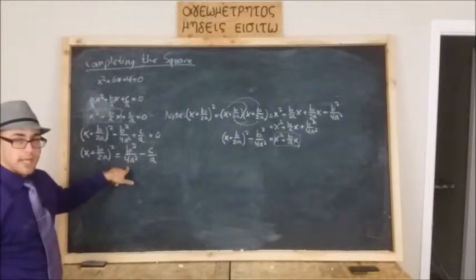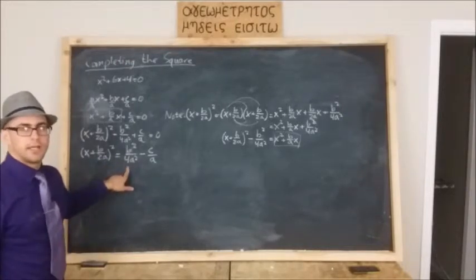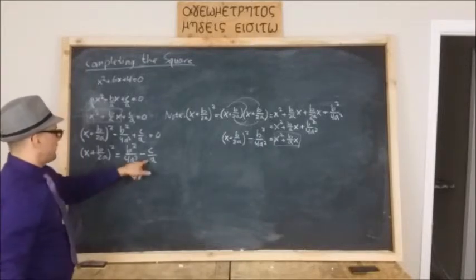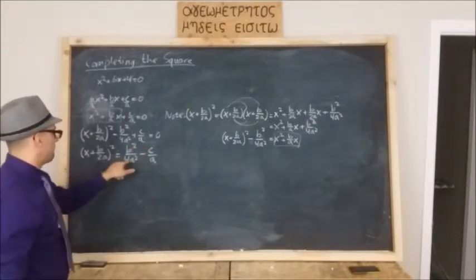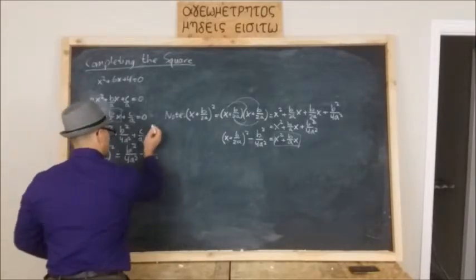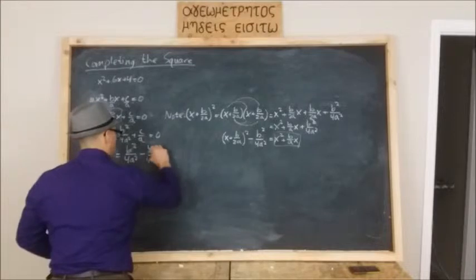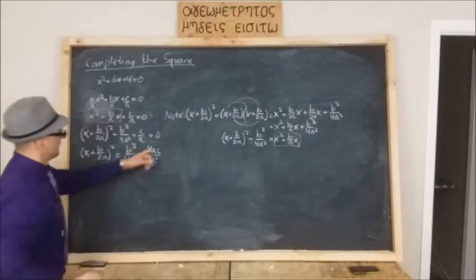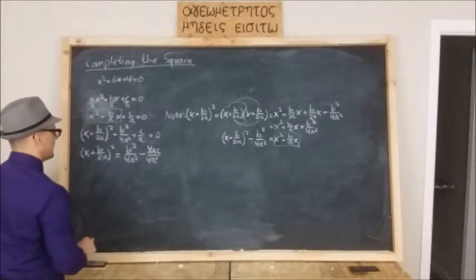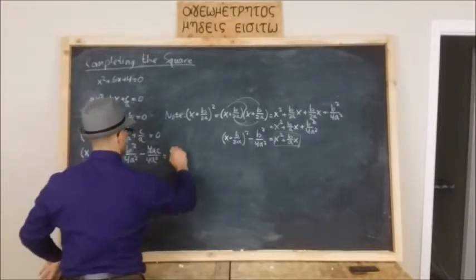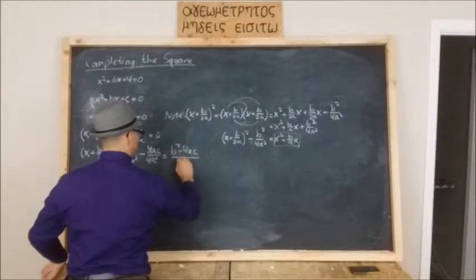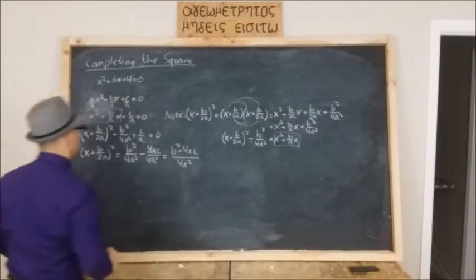To add or subtract fractions, I need a common denominator. So I'm going to have to multiply both the top and bottom by 4a to get 4a squared. So it's going to be 4ac over 4a squared. I now have a common denominator. So that's equal to b squared minus 4ac divided by 4a squared.